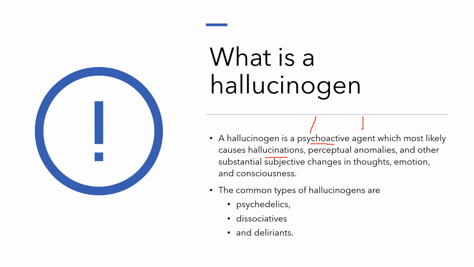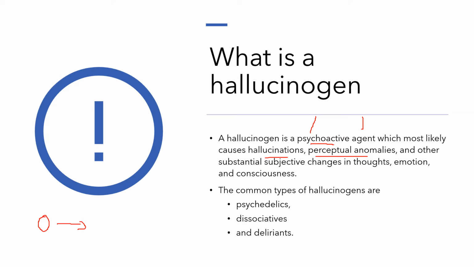It causes perceptual anomalies. Perceptual anomalies: there can be a real perception here, but it is distorted. You see it differently. You might see a light flashing when it is not. You might see something that is not pleasant, or you might find it very pleasant.